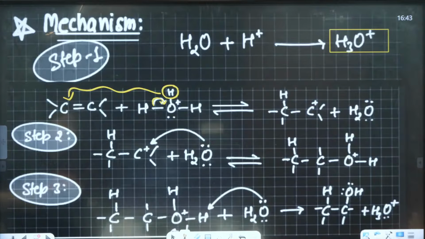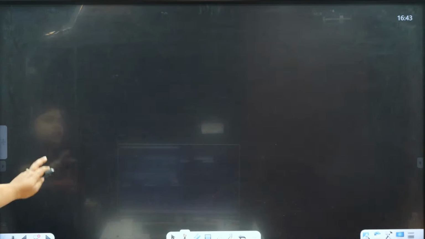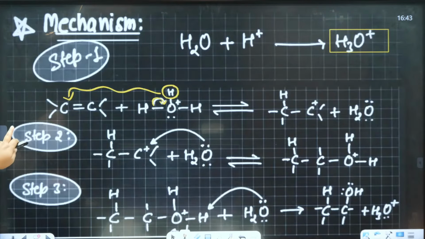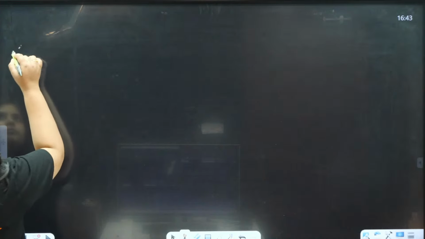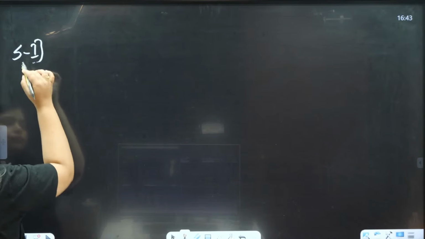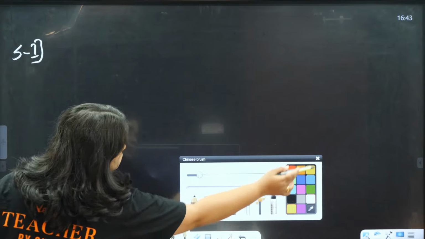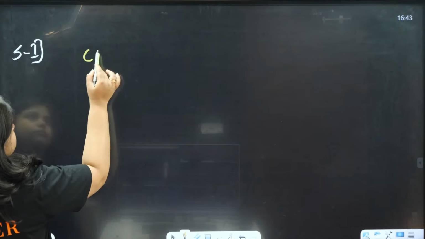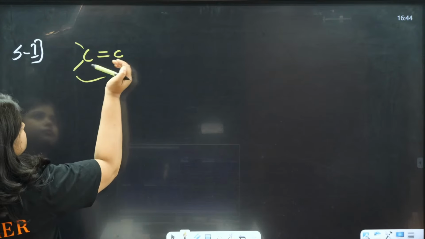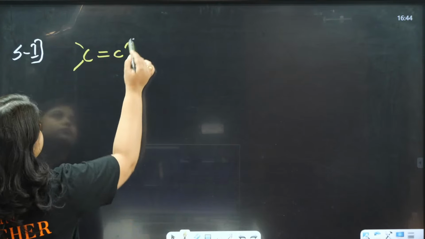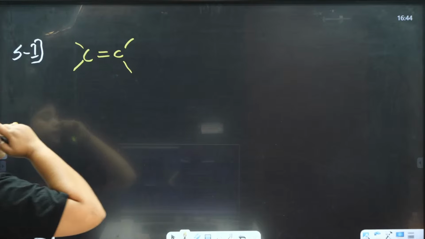Before we go to this mechanism, you need to understand it perfectly, because if you understand this mechanism, then only these things will be easy for you. First step: the C double bond C will get reacted with what?